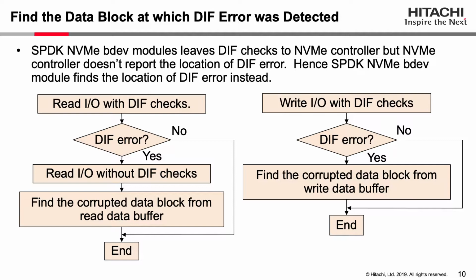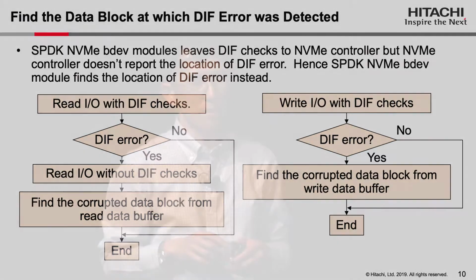So for the target features, getting detailed error information is critically important. So SPDK finds the location of the DIF error instead when the hardware reports a DIF error.